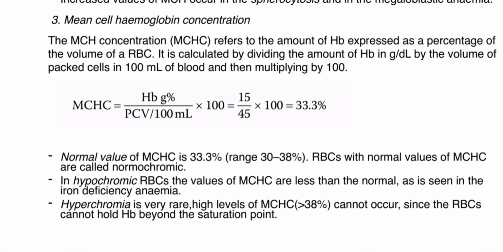In hypochromic, MCHC is less than normal, and in hyperchromic, the MCHC concentration is higher than normal, and it is found rarely since the RBCs cannot hold hemoglobin beyond the saturation point. In hyperchromia, it becomes more than 38% of MCHC.